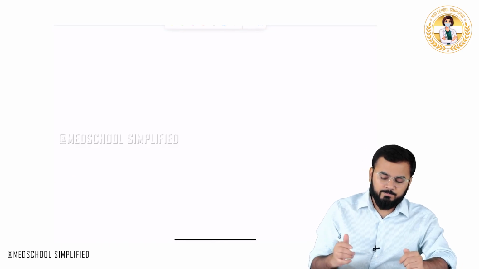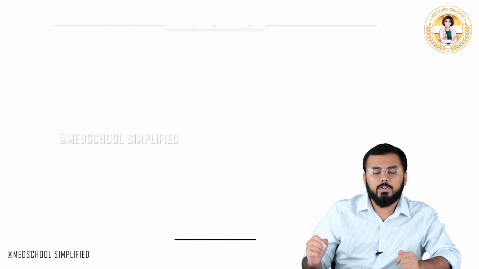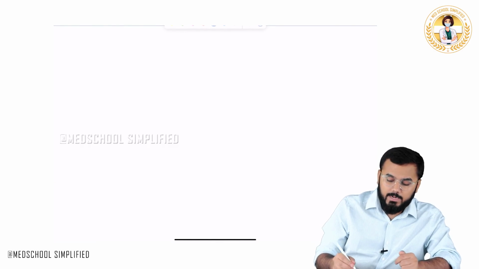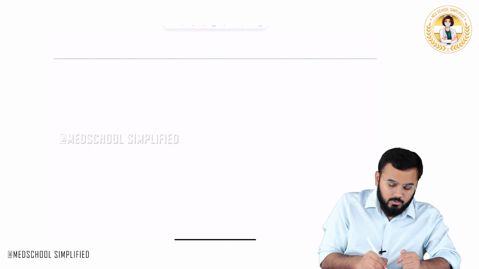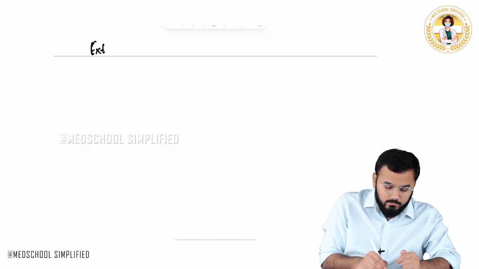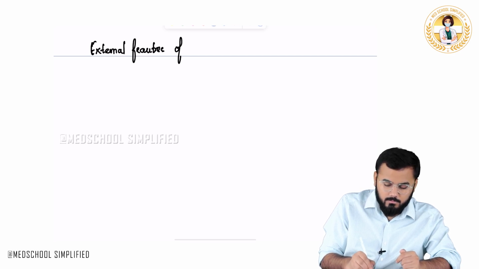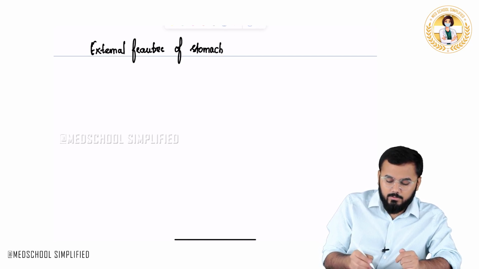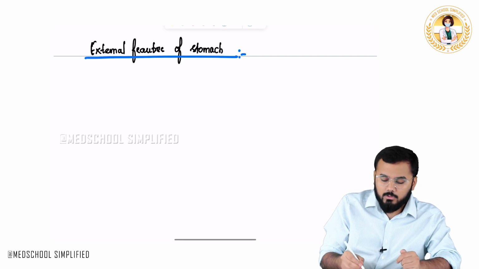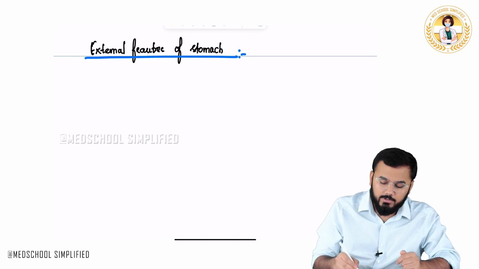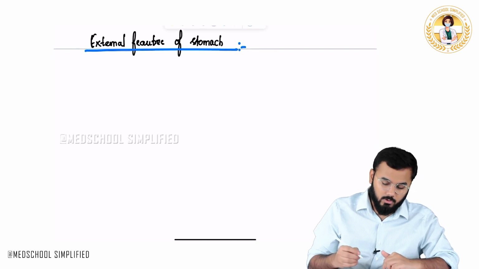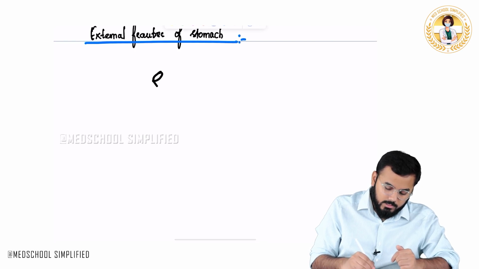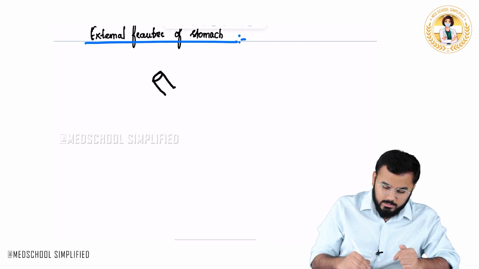After this, the next important thing is that we shall mainly discuss the external features of the stomach. So what are the different external features of the stomach we have got? All of you look here. This is your esophagus like this, and this part over here is your stomach.